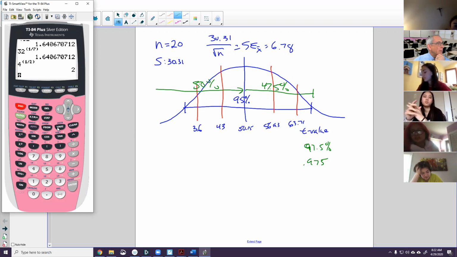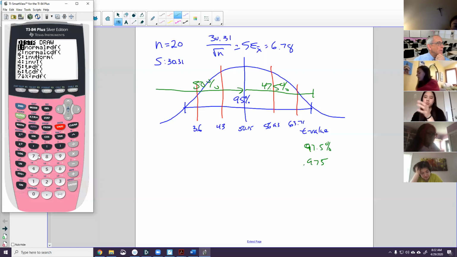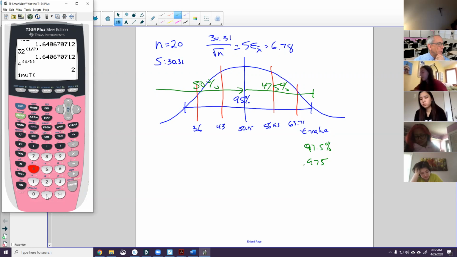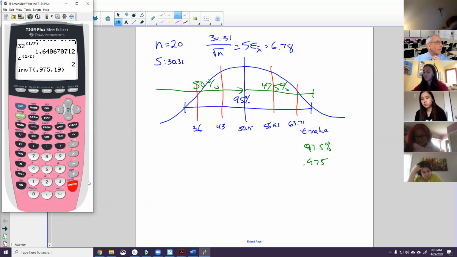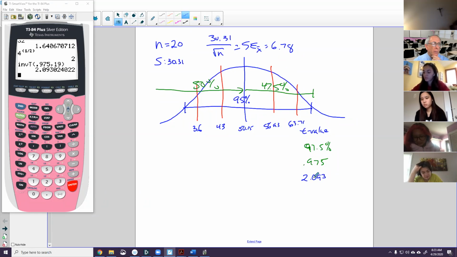And I'm going to go second distribution, inverse T. And I'm going to put in 0.975 and then a comma. And then my degrees of freedom is n-1, so that's going to be comma 19. And I find out that my critical value at this level of degrees of freedom is 2.093.